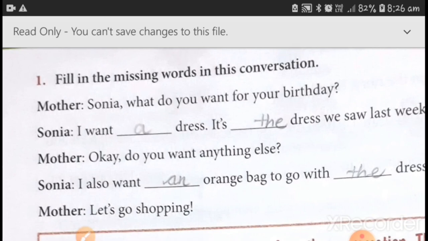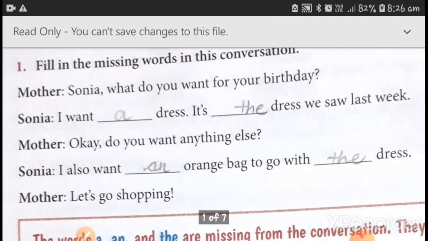The first is: fill in the missing words in the conversation. Here, this is the conversation between mother and Sonia. Mother: Sonia, what do you want for your birthday? Sonia: I want a dress. Here I have already mentioned all the answers, but I am also explaining.